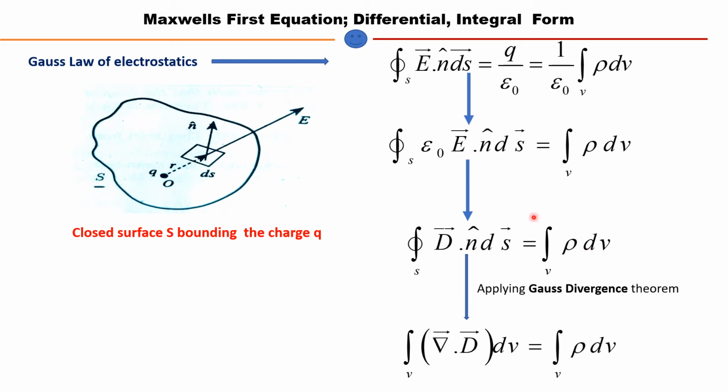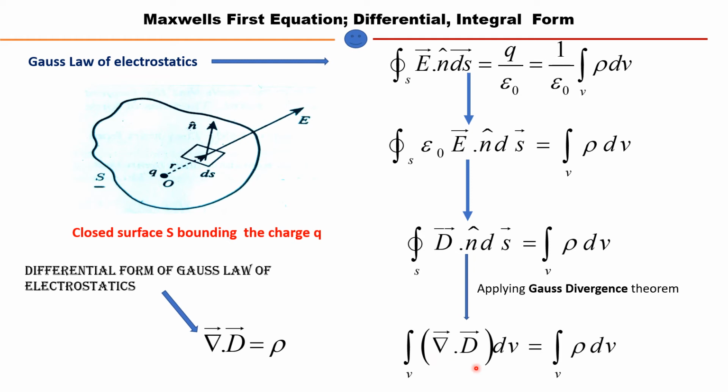If we apply the Gauss divergence theorem within the surface, the normal component of the electric displacement vector can be equated with the volume integral of the divergence of the vector. You can see the right-hand side is a volume integral, and the left-hand side is also a volume integral. Equating them, divergence of D can be written as rho.